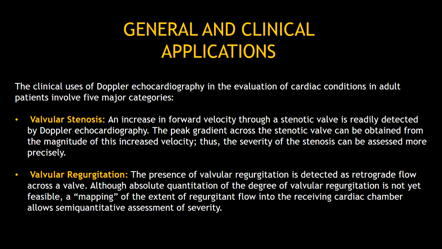Second, valvular regurgitation. The presence of valvular regurgitation is detected as retrograde flow across a valve. Although absolute quantification of the degree of valvular regurgitation is not yet feasible, a mapping of the extent of regurgitation flow into the receiving cardiac chamber allows semi-quantitative assessment of severity.